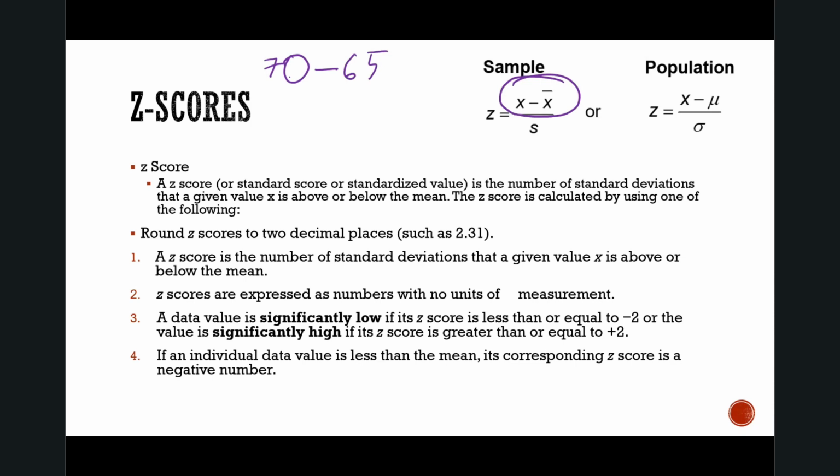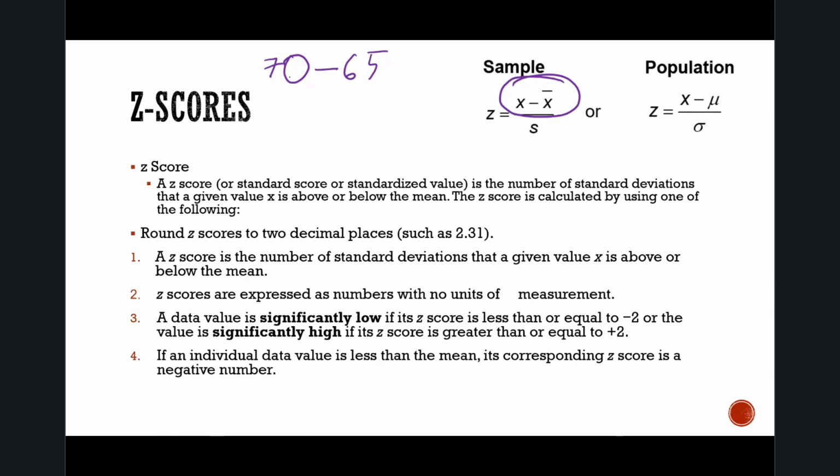But without knowing anything about that test, you don't know whether that is a lot above or a little above. Perhaps almost everybody scored the exact same amount, in which case that 5 points is significant. Perhaps people scored all over the place, in which case it's not. So you want the standard deviation. Think about it: it tells you how much variation there is. It is a standard amount of variation. So how many standards fit in there is your z-score.